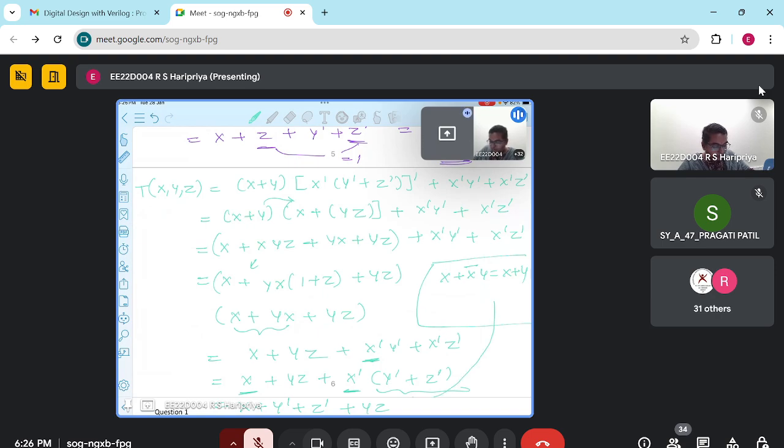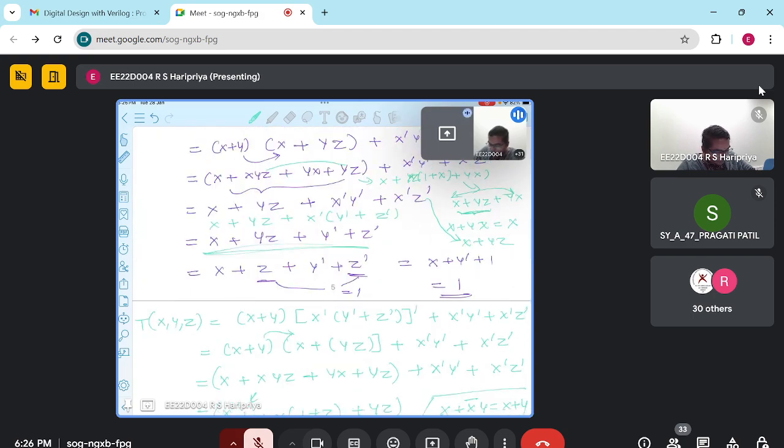We apply this theorem here, absorption. And from here again it is x complement plus this gives x.